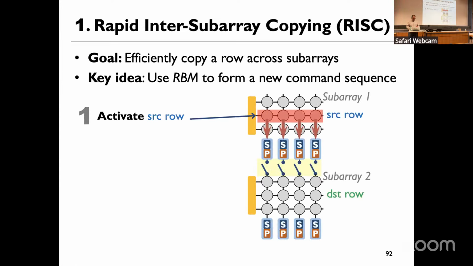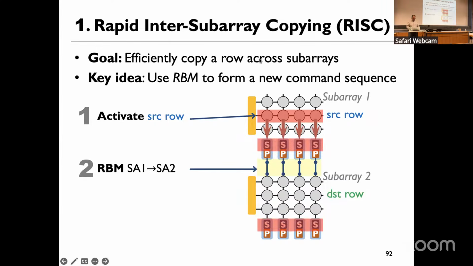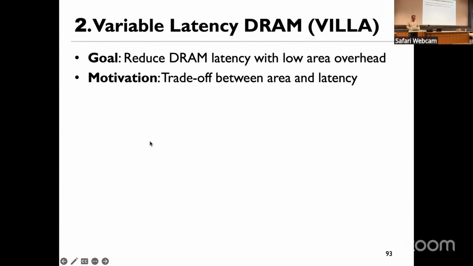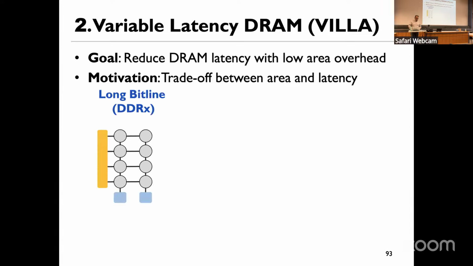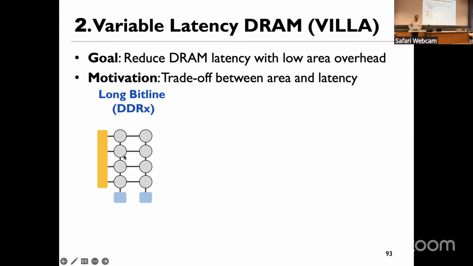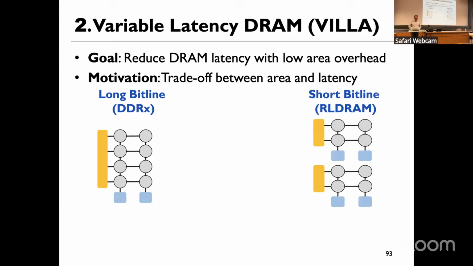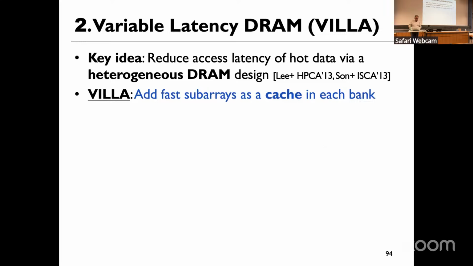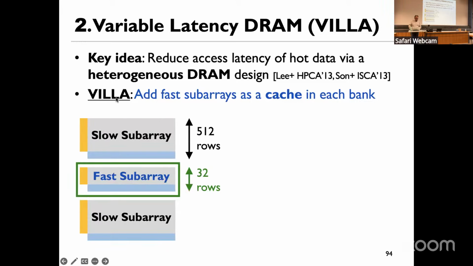So this can be used for rapid inter-subarray copying, as we already discussed. But another usage of LISA would be variable latency DRAM. Remember that we had this in TL-DRAM, where we made a far segment and a near segment. But here, let me show it. This figure is very easy to understand.